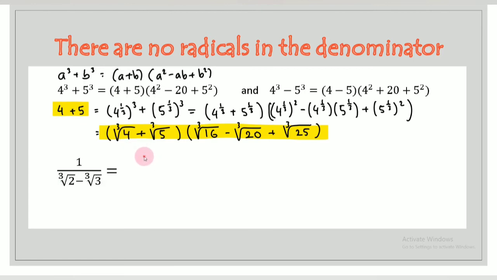So let me just put it again into the exponents form. It is 2 to the power of 1/3 minus 3 to the power of 1/3, and I multiply it by the pair. If I factor, if you see above, I multiplied by 2 to the power of 1/3 being squared, plus 2 to the power of 1/3 times 3 to the power of 1/3, plus 3 to the power of 1/3 being squared.